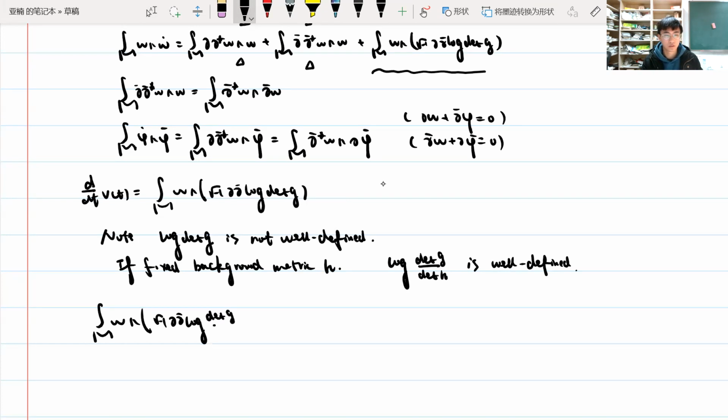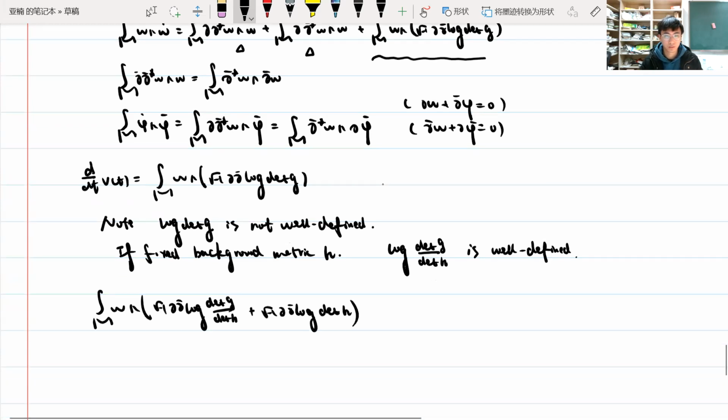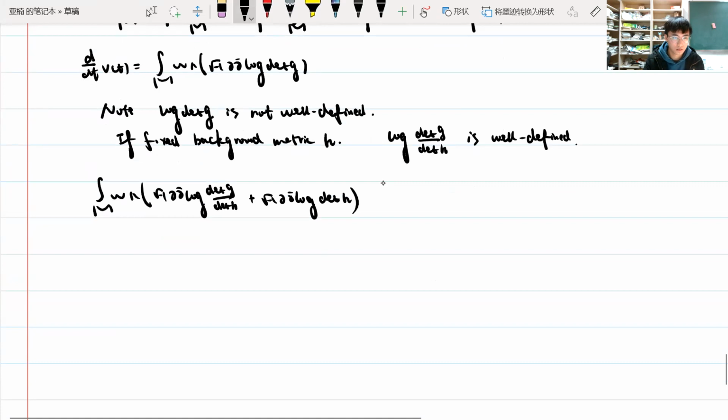Using integral by parts twice, and noting that omega is closed, the first term is 0.